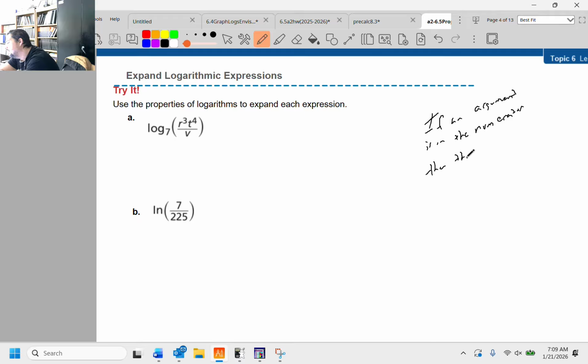Then the expanded piece is positive. If the argument is in the denominator, the expanded piece is negative.